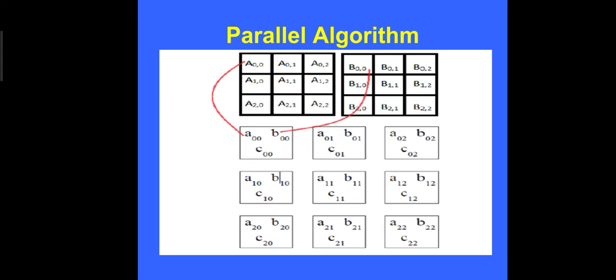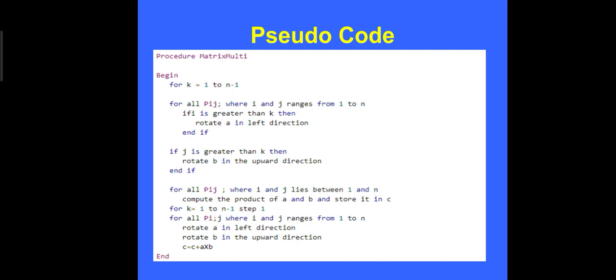Similarly, we take the remaining blocks, that is the second block of A and the second block of B, which is called C of 0,1. Totally there are 9 blocks and the last block is C of 2,2, which is nothing but the 9th block of A and the 9th block of B, which are to be multiplied.